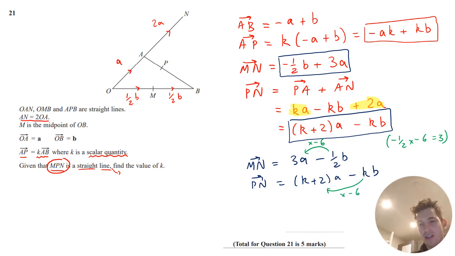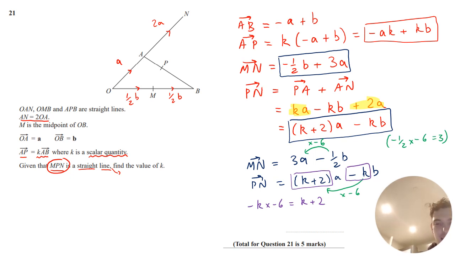Therefore, what equation can I now do? Well, if I just have a look at the components of the vectors, so k and k plus 2, all I can say, sorry, not k, be careful, minus k, what I can say is that minus k times -6 is equal to k plus 2.